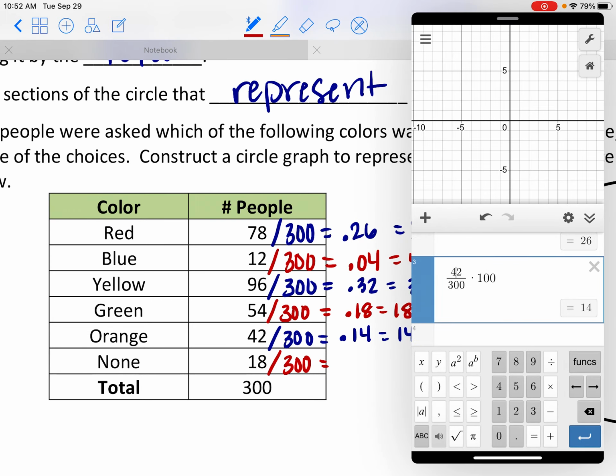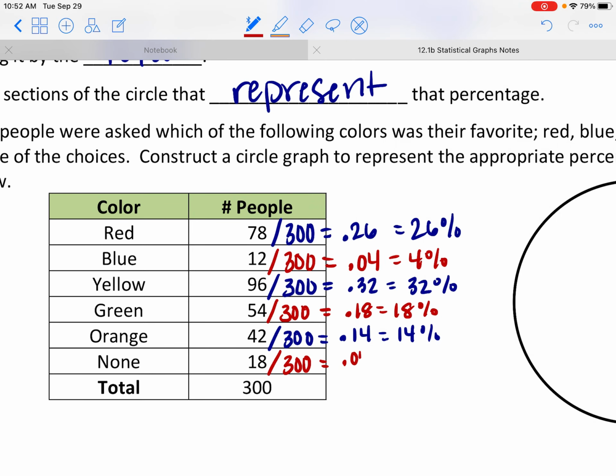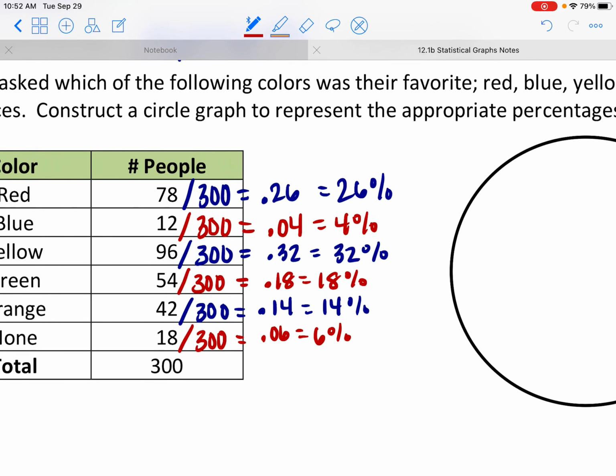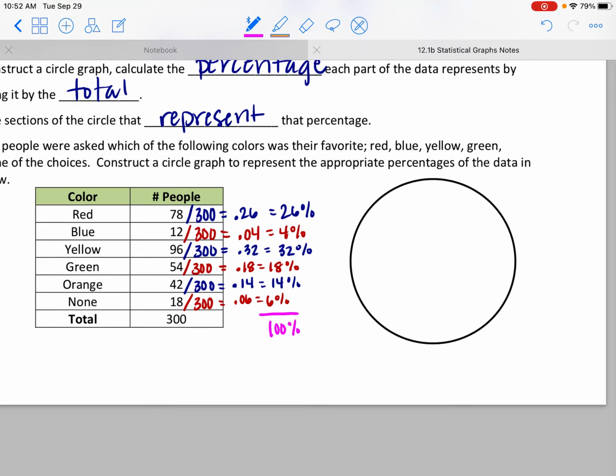So 18 over 300 is going to be 0.06, which is 6%. Okay, and if we wanted to double check, you could add all those percents in the calculator, and we should get a total of 100%. Just trust me, I'm pretty sure I didn't screw that one up.